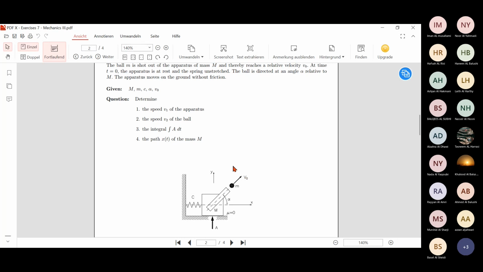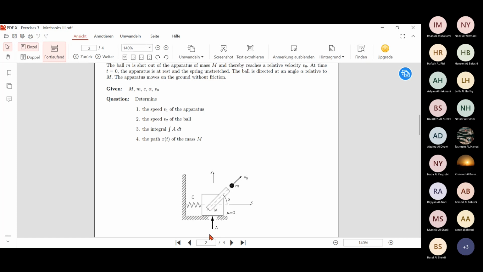At time t equal to 0, the apparatus is at rest, and the spring with the coefficient C is unstretched. The ball is directed at an angle alpha relative to the apparatus with the mass M. Then we say that the apparatus moves without friction.